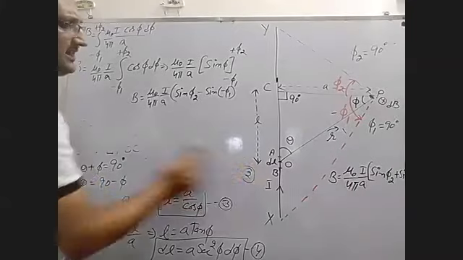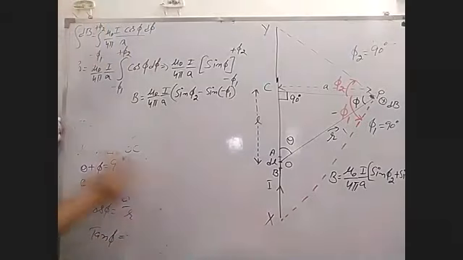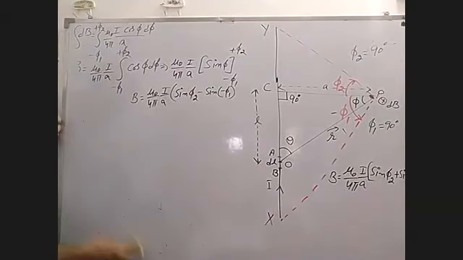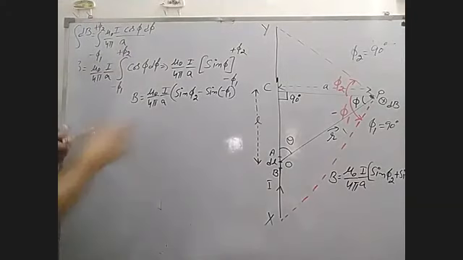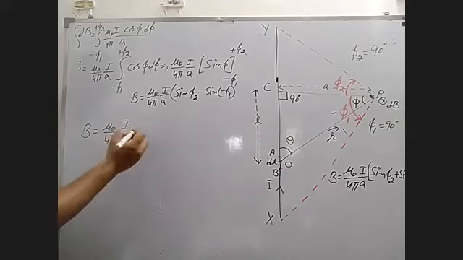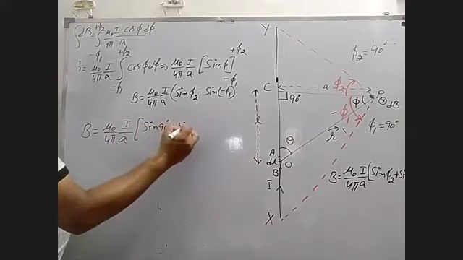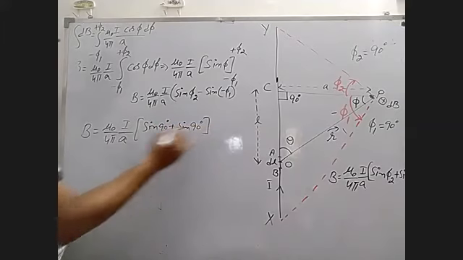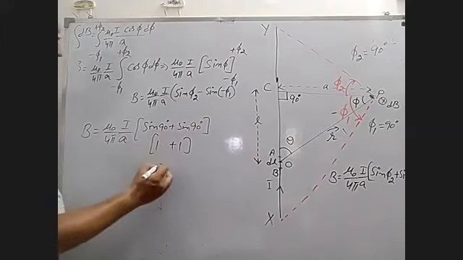So now put this 90 degree angle phi 1 value and phi 2 value in the relation. In case of a very long, infinitely long conductor, this relation now becomes mu naught upon 4 pi I upon A, sin 90 plus sin 90. 1 plus 1 is equal to 2.